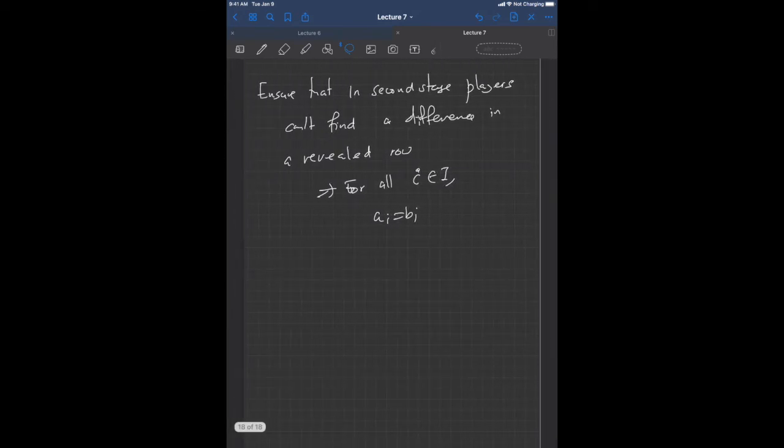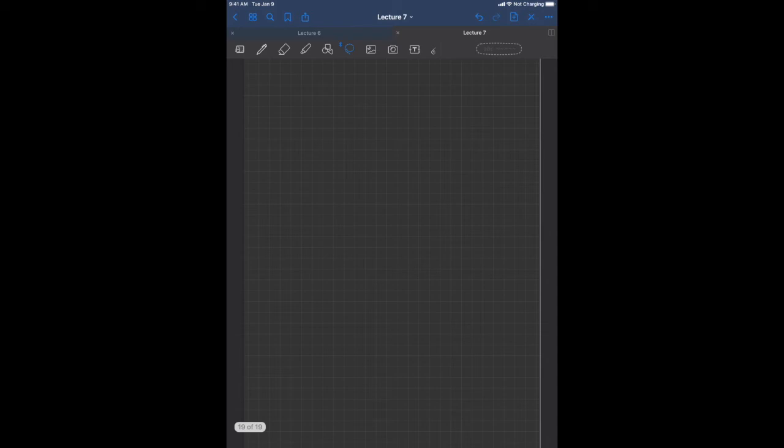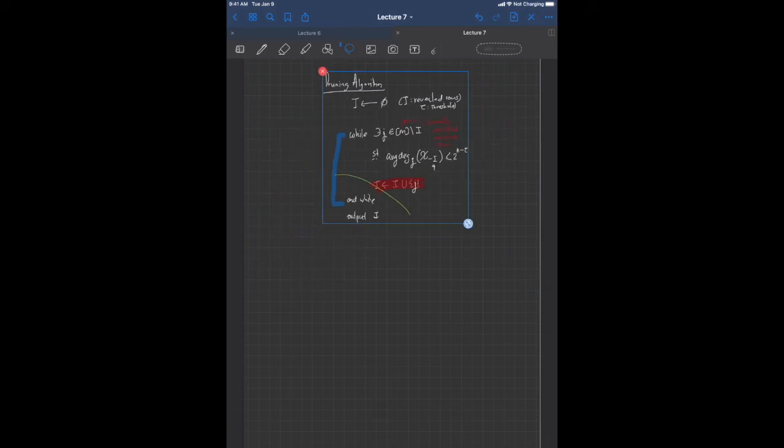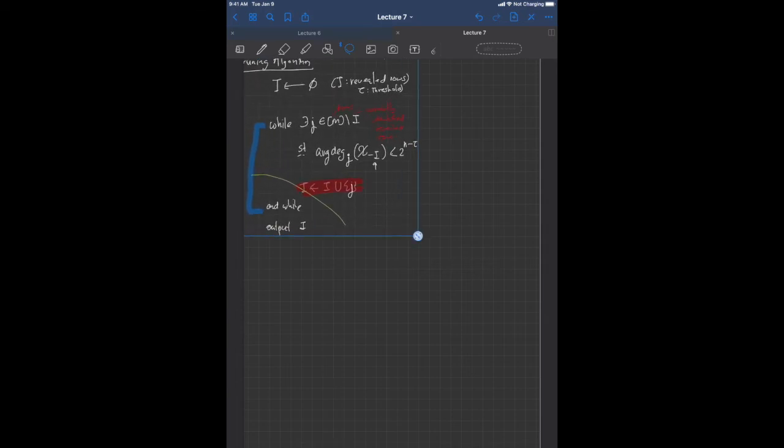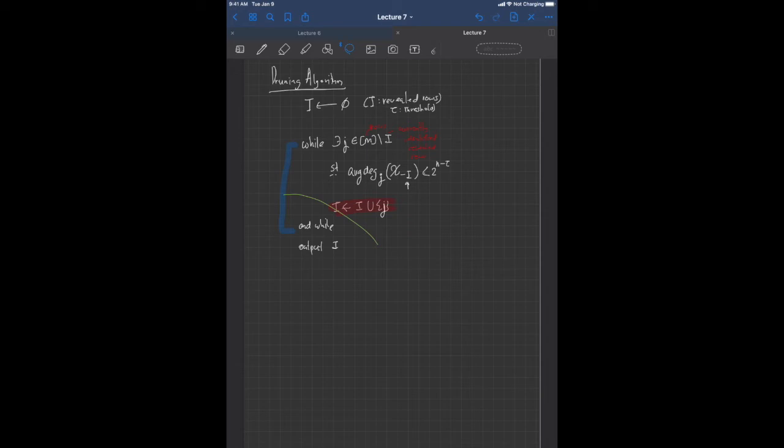So we want to do this. How are we going to do this? We use this pruning algorithm, but I'm going to minimize this as much as possible. And then we will not just do this, we will do something more.